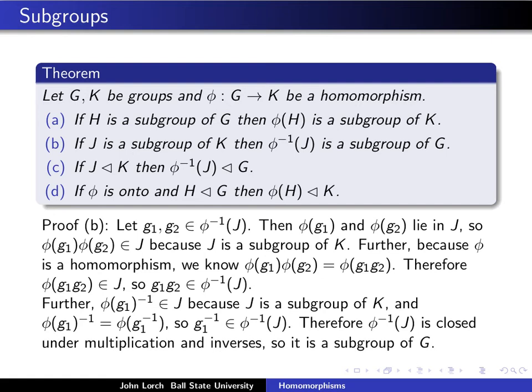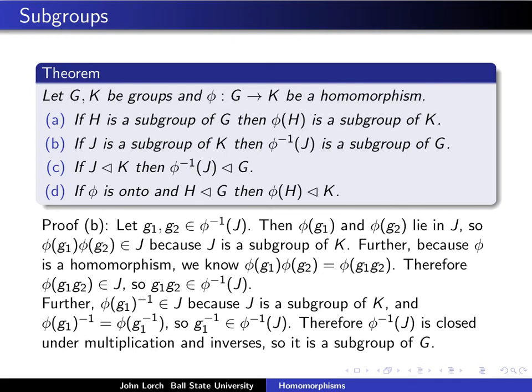If H is any subgroup of G, then the image phi of H is going to be a subgroup of K. Likewise, if J is a subgroup of K, then its pre-image, phi inverse of J, will be a subgroup of G. The third part says that if J is a normal subgroup of K, then the inverse image, phi inverse of J, will be a normal subgroup of G. And finally, if phi is onto and H is a normal subgroup of G, then phi of H will be a normal subgroup of K.